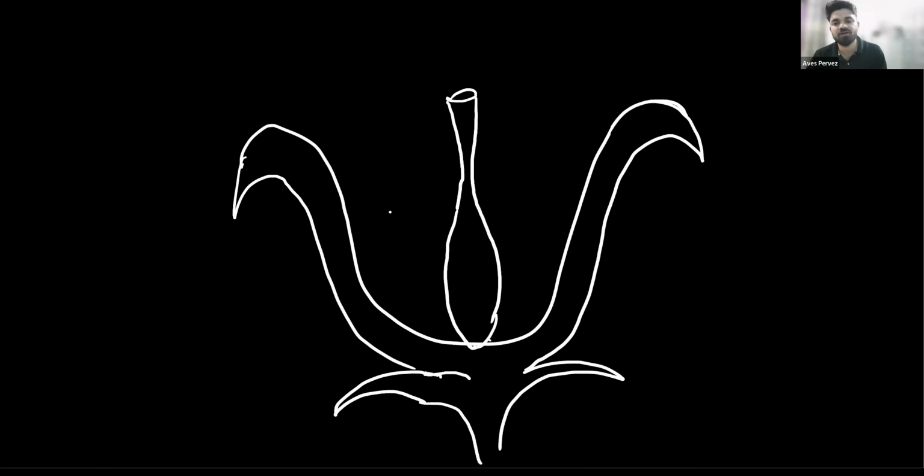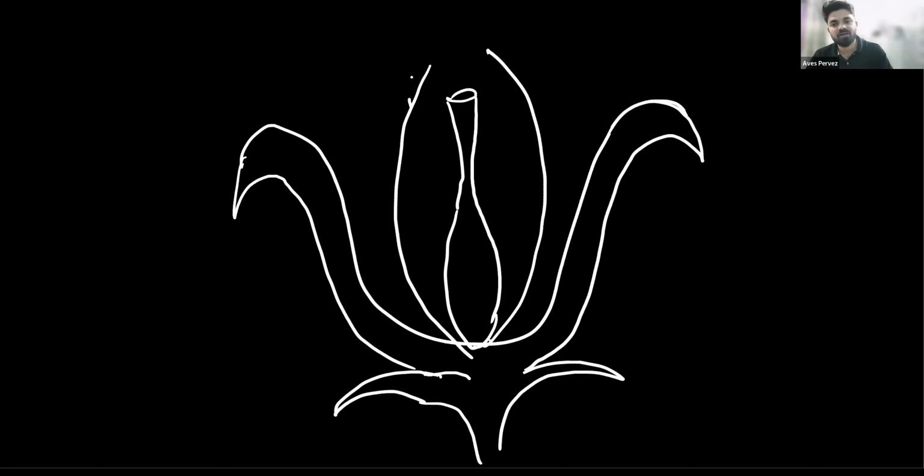I'm just doing it very fast, and it is very difficult to draw with the writing pad. And these are called the anthers or stamens.